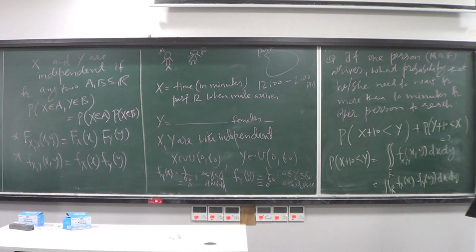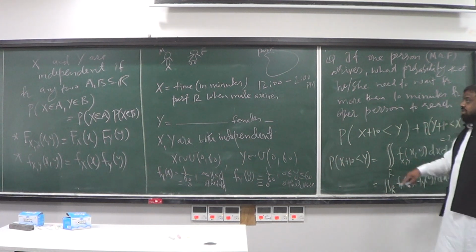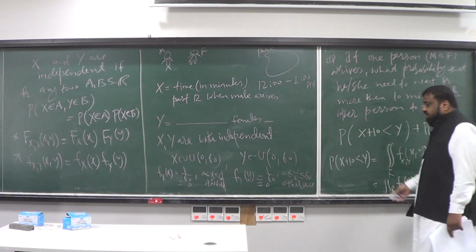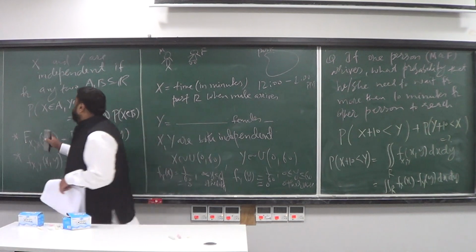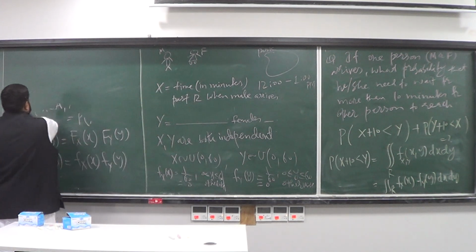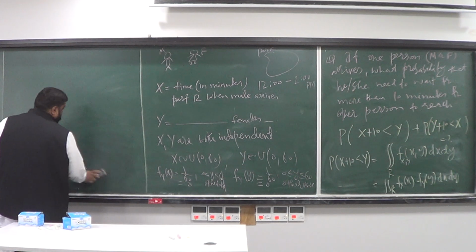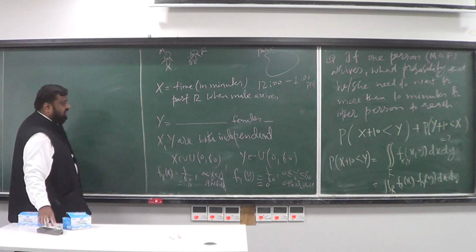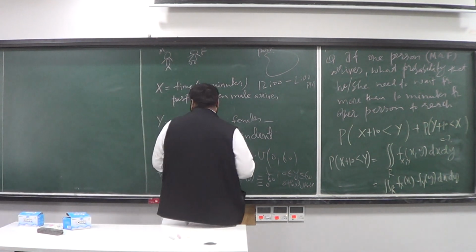So what I need to do is explicitly plot this R. The good idea would be to explicitly plot this R. In order to plot this R, we know that fx and fy are defined only on the interval 0 to 60.